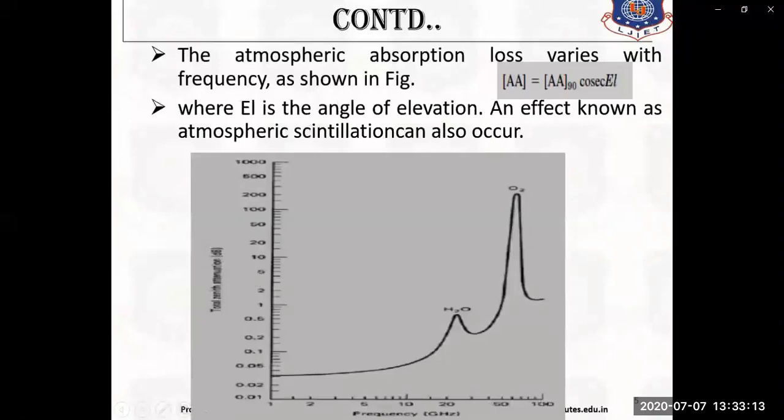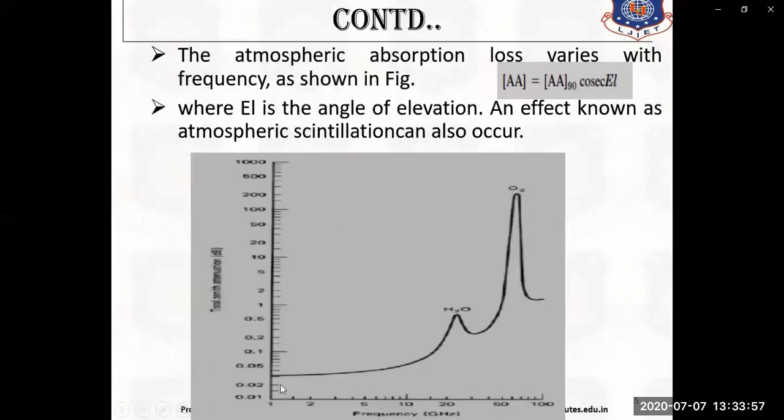So the attenuation in the atmosphere is represented by the equation AA, that means atmospheric absorption, is equal to [AA90] decibel, cosec EL. EL stands for elevation angle, right? This effect is known as atmospheric scintillation, which can also occur. Scintillation means the spark of light, right?